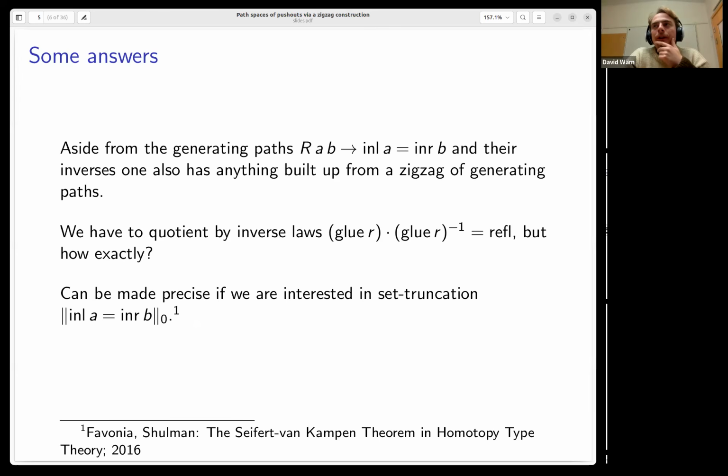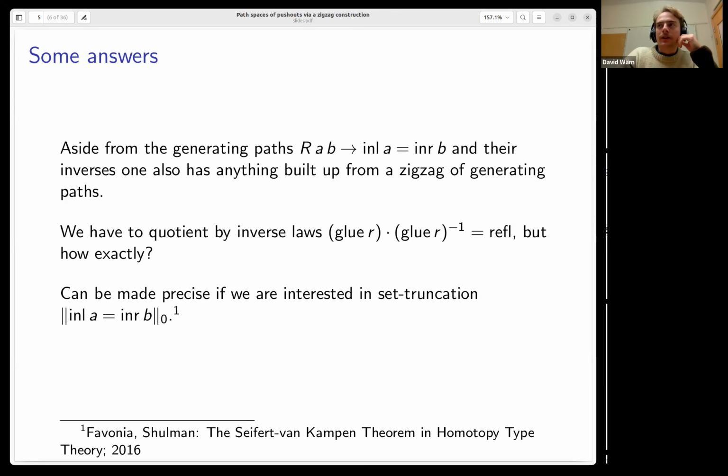To give a naive explanation of what these identity types are like, we have the generating paths coming from this glue path constructor. So whenever A and B are related by R, in left of A equals in right of B. We have this map. But aside from these elements given just by glue, we also have the inverses, and anything built up as a composition of these basic things and their inverses.